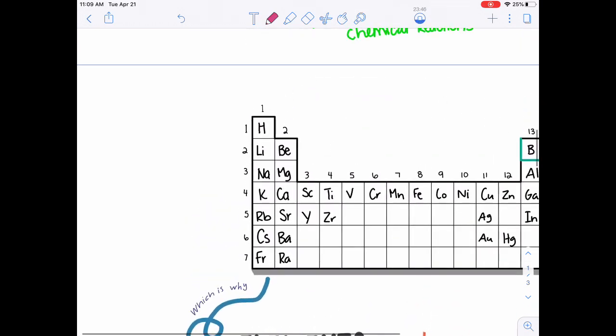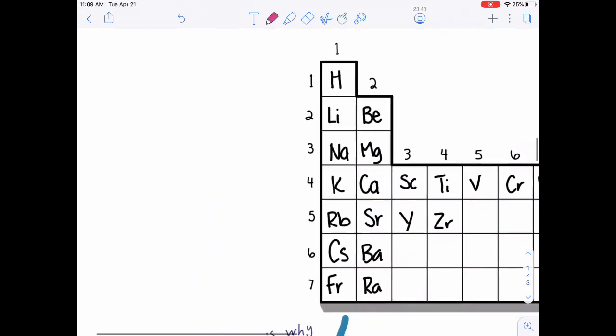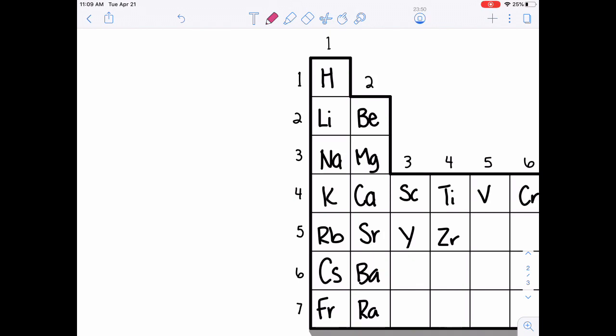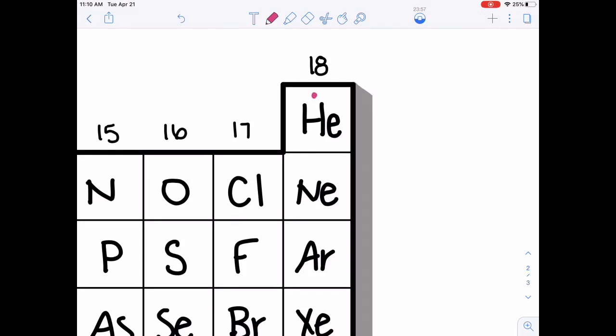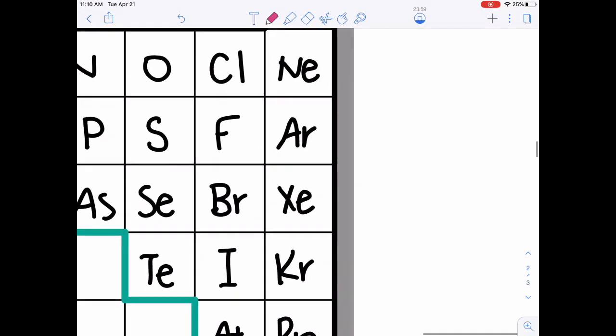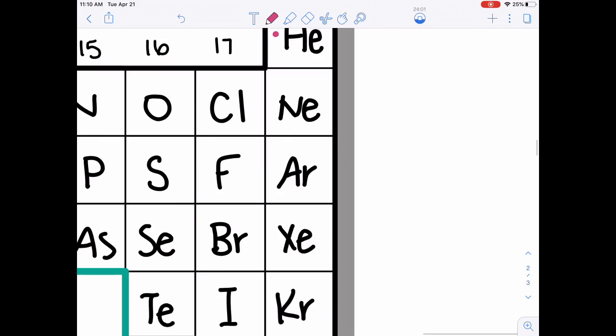There is a pattern on the periodic table. Hydrogen is kind of obvious because it only has 1 electron, so it's only got 1 dot. Helium has 2 electrons, so it's got 2 dots. We did neon already, so we know that it has 8 dots.